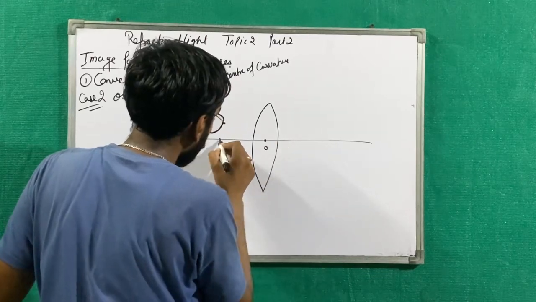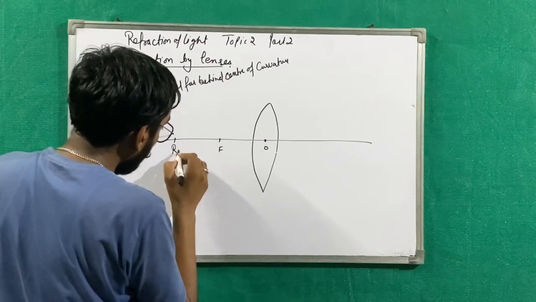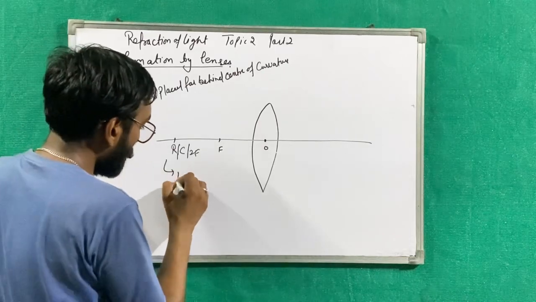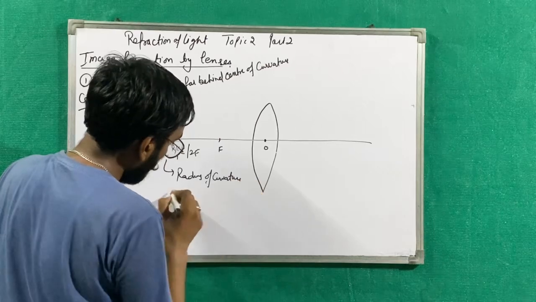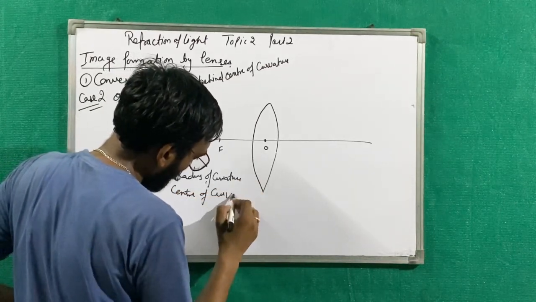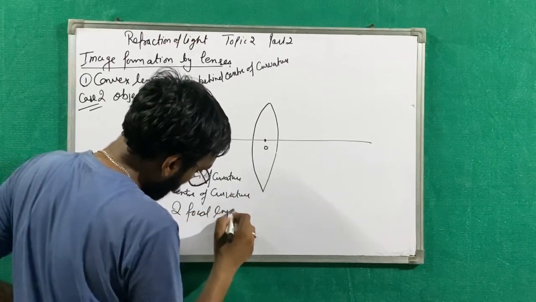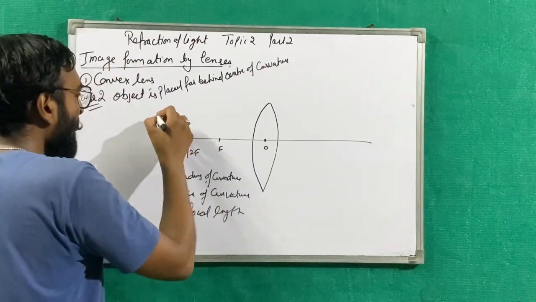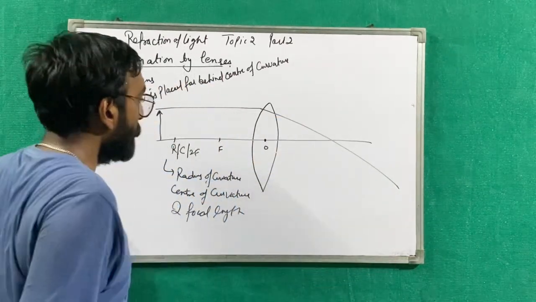This is O, this is F, this is 2f, or you can say R, C, 2f, anything you can say. This is the radius of curvature, the center of curvature, as well as 2 focal length. You can say anything to that. So our object is placed at this position and the incident ray passes through the focus.